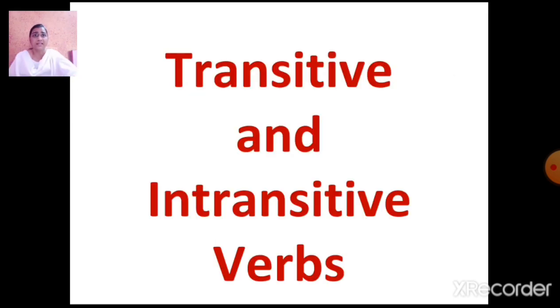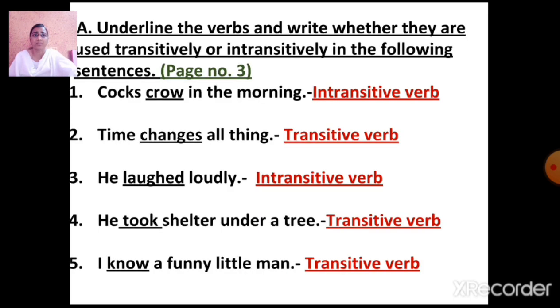Now, let us solve the transitive and intransitive verbs activity on page number 3. Underline the verbs and write whether they are used transitively or intransitively in the following sentences. Now, the first sentence is, cocks crow in the morning.